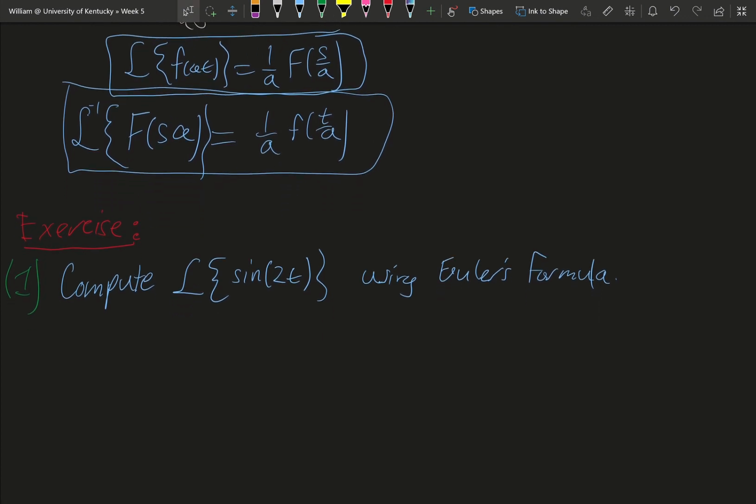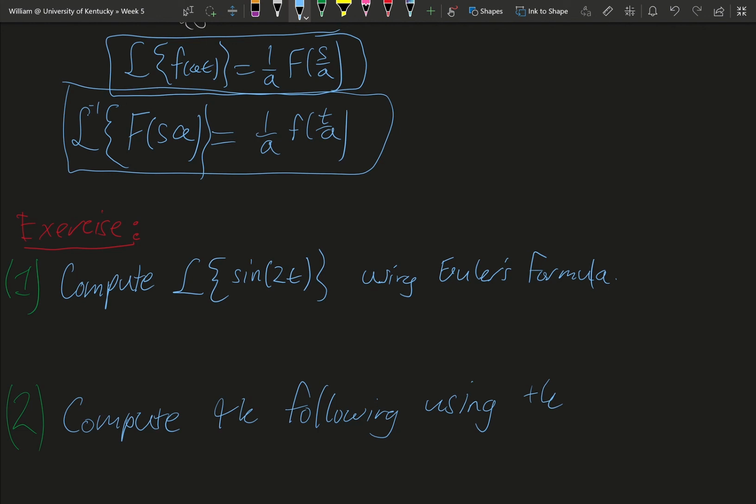And for the second one, use any formulas, t domain shift, and s domain derivative.